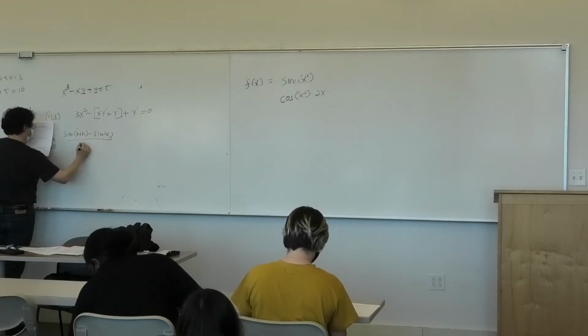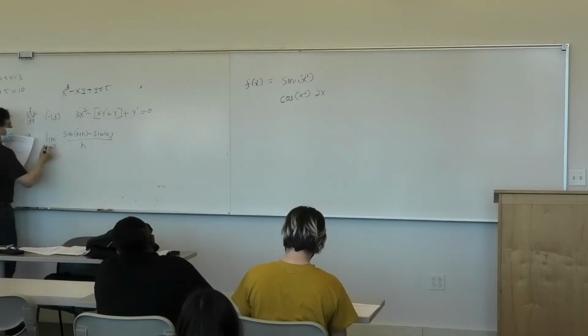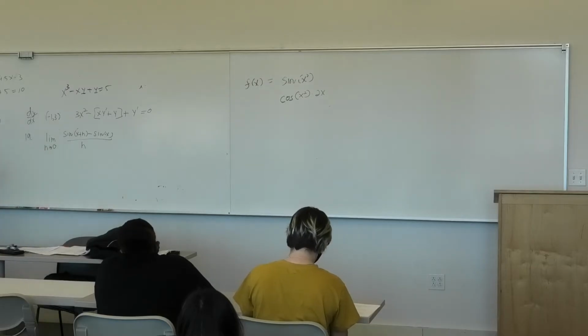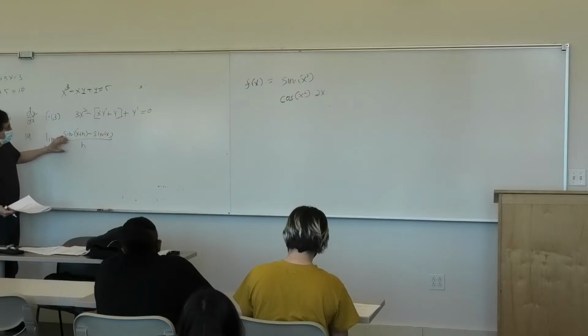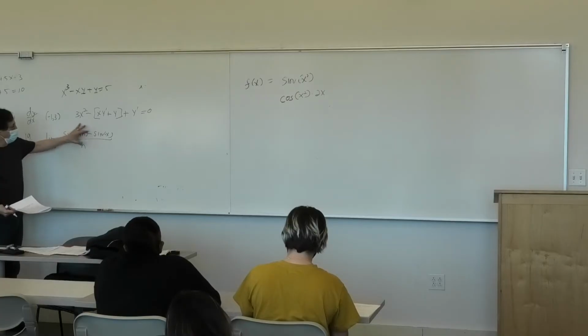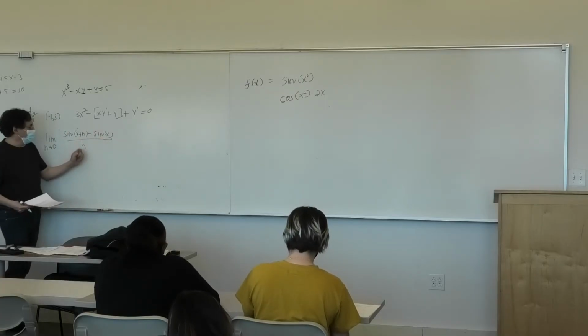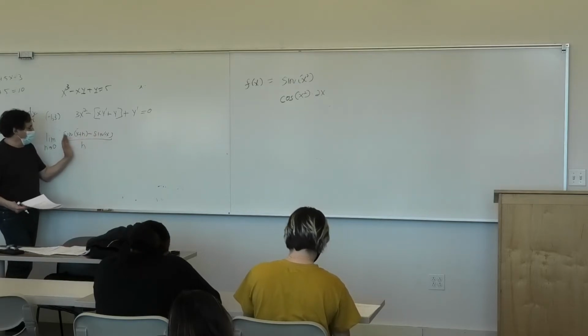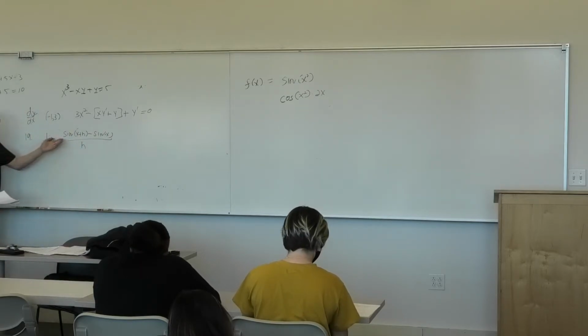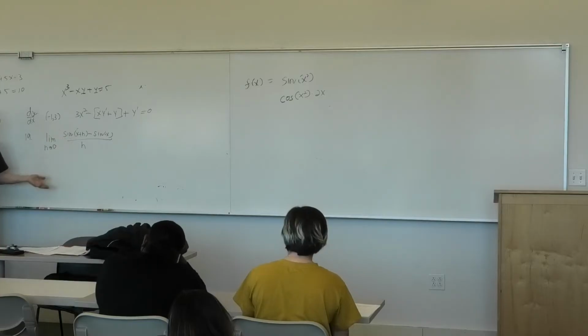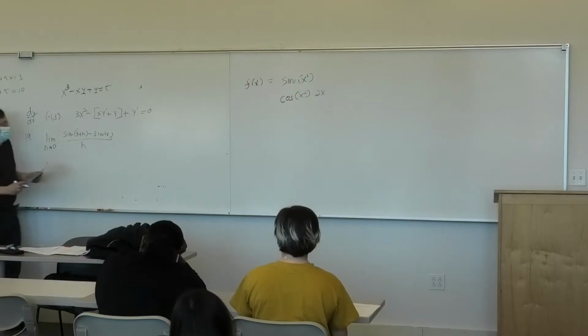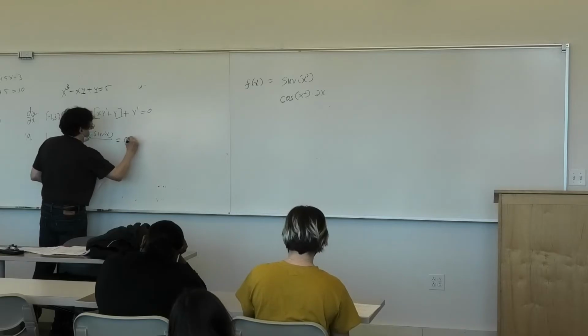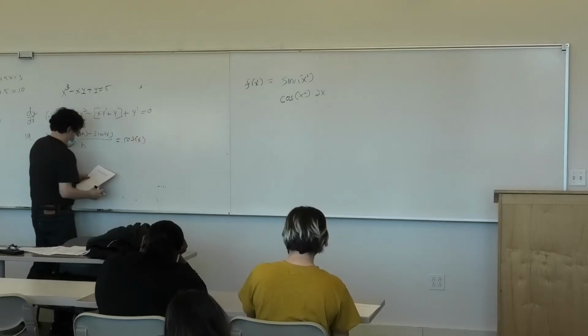I hope no one got confused and thought I expected you to go through all that work in the book and derive, expand this and prove what happens to sine of h over h. Just what's the derivative of the sine of x? It's the cosine of x. That's all there was to it.